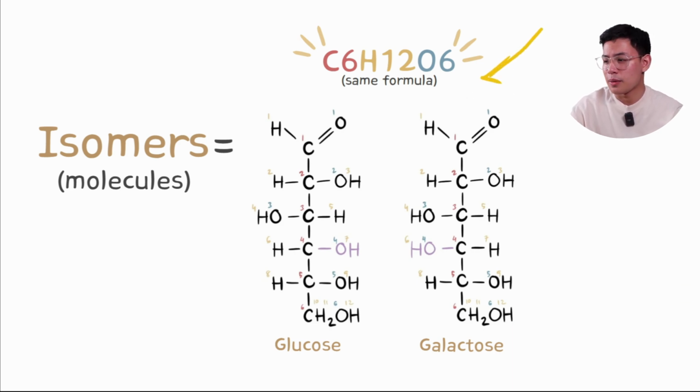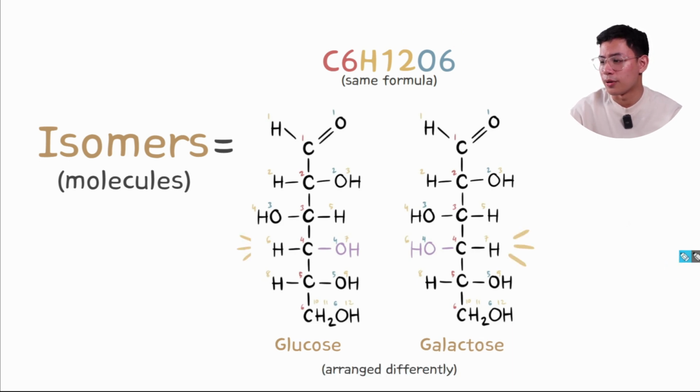But after carefully looking at the structures of glucose and galactose again, we realize that there seems to be a difference in arrangement at carbon number 4. At carbon 4, the OH group of glucose is on the right, while the OH group of galactose at carbon number 4 is on the left.